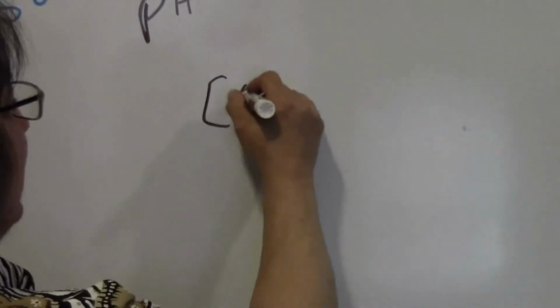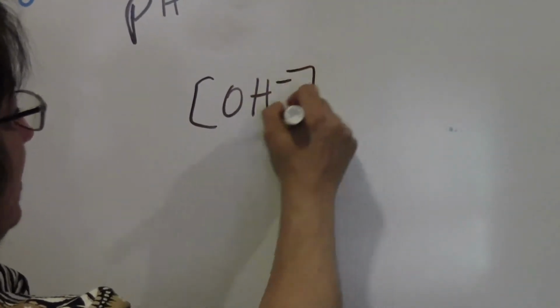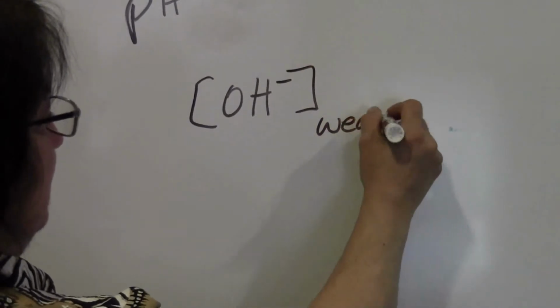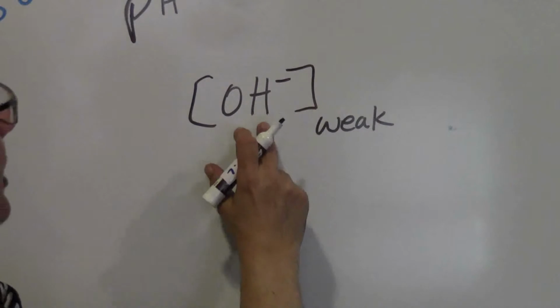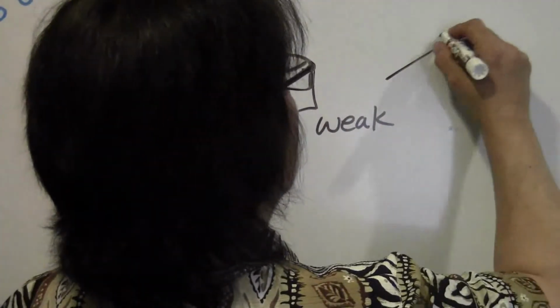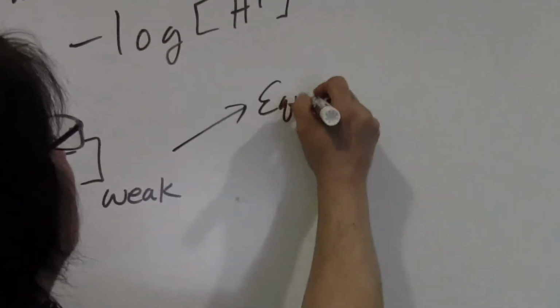For a weak acid, we're not going to do the molarity times the number of OH groups as we did for the strong base. We're going to have to use the equilibrium chart.